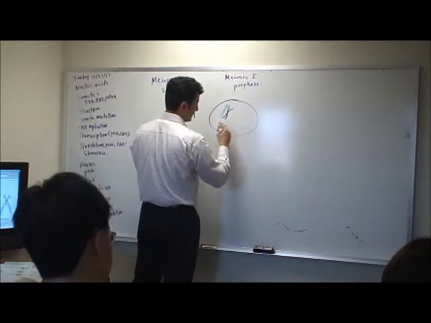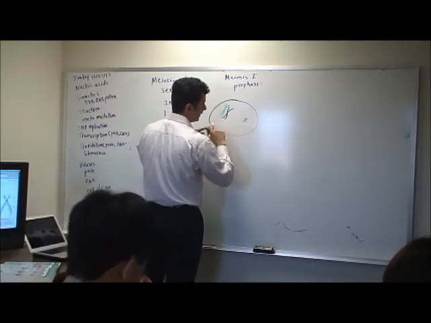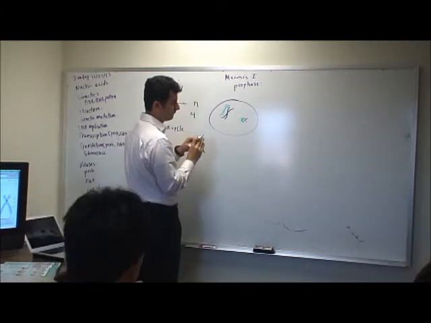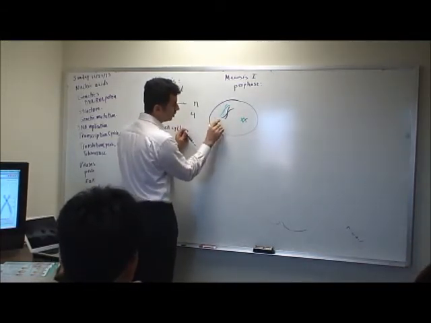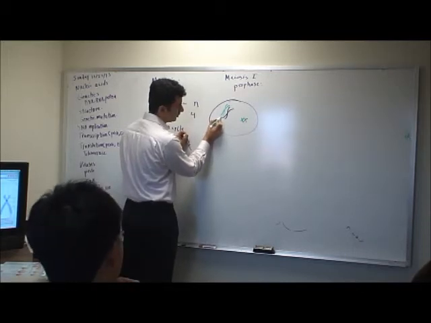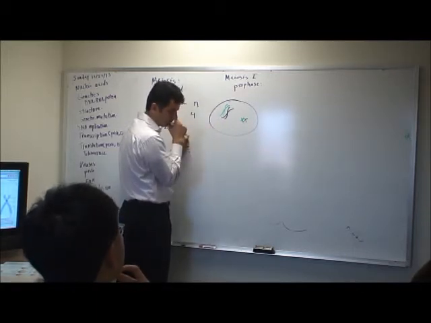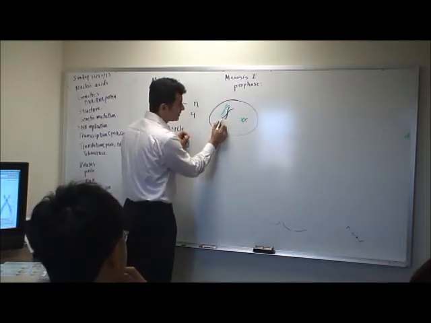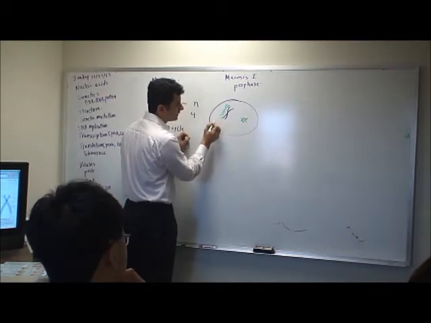And then, let's say, this is a chromosome 10, and this is a chromosome 10. The purple and green are called non-sister chromatids, right? These are sister chromatids, these are non-sister chromatids. I want you to make a distinction between these two.